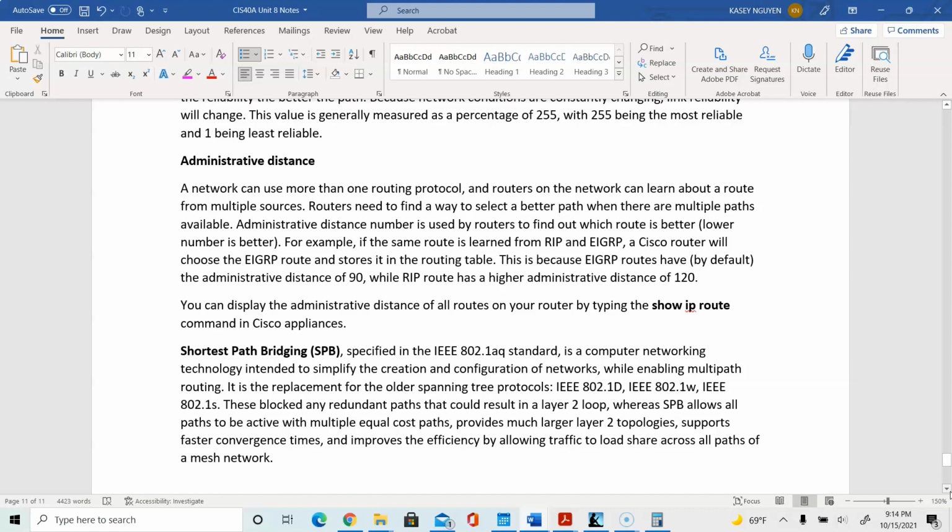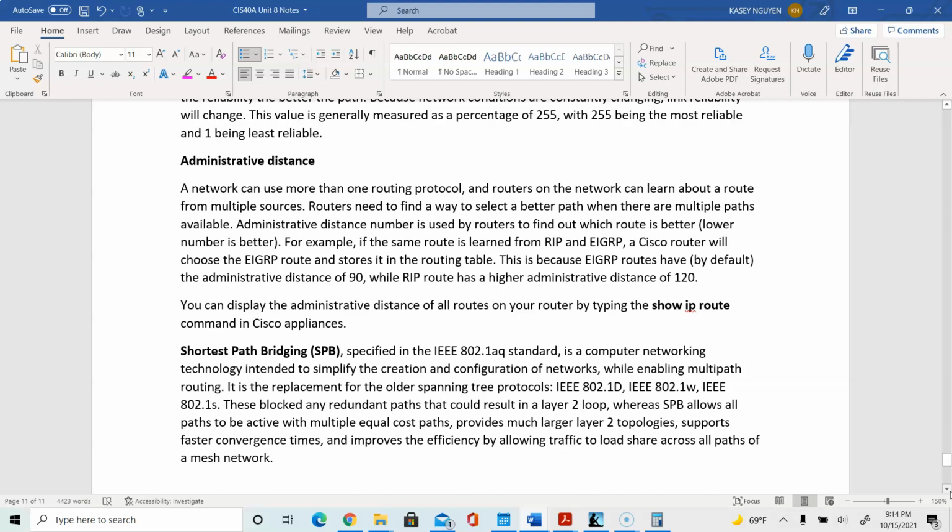So each algorithm would require a certain administrative distance value, and the router would need to find and select the better path among multiple paths. Administrative distance is a way that it's able to determine that.